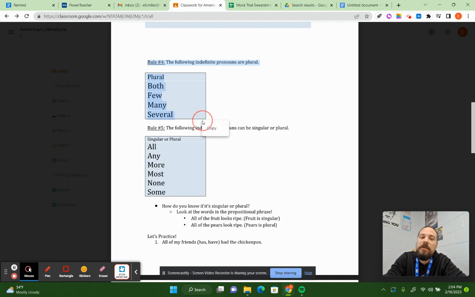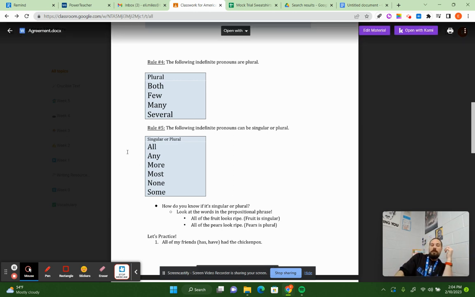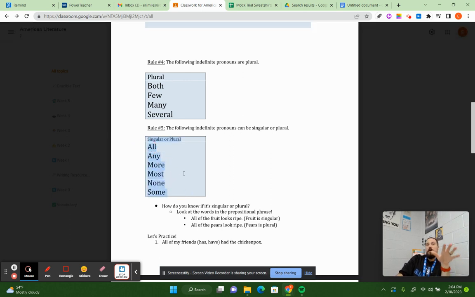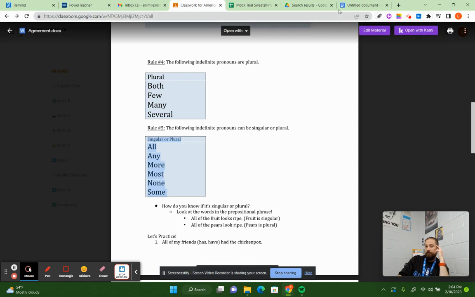The ones that are tricky, if you think you've got the singular ones and the plural ones down, the ones that are going to mess you up are these six. Know these six words: all, any, more, most, none, some. These six pronouns can either be singular or plural depending on what comes after them.